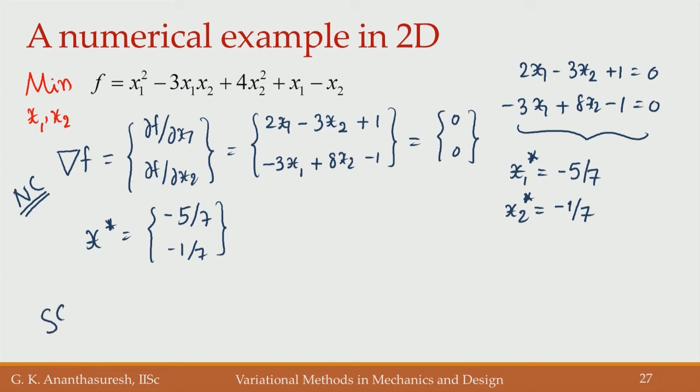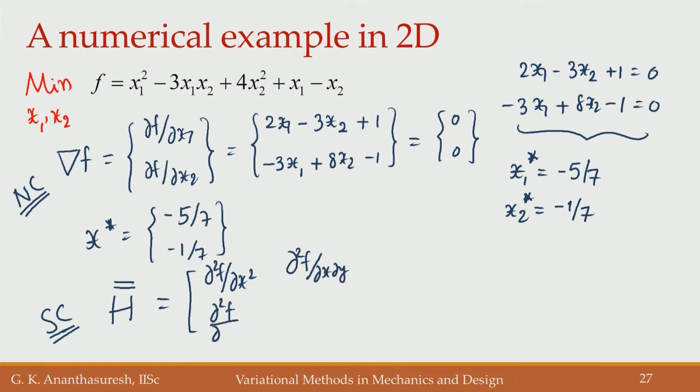We have to write the sufficient condition to be sure. So, for that we need to write this Hessian matrix. That means that I have to do ∂²f/∂x², ∂²f/∂x∂y, and then ∂²f/∂y∂x, which is the same mixed derivative, and then ∂²f/∂y².